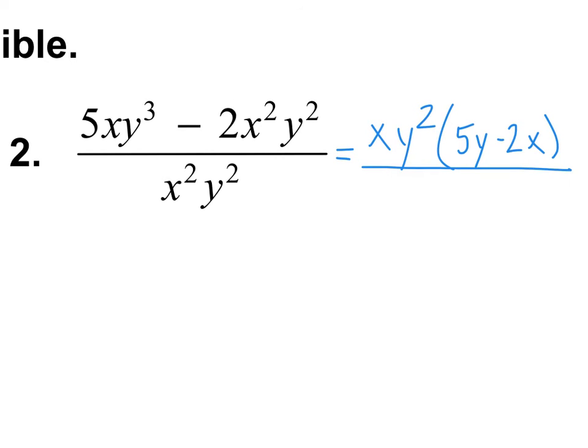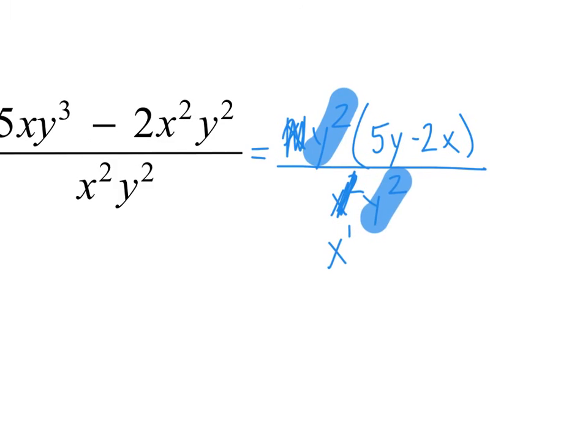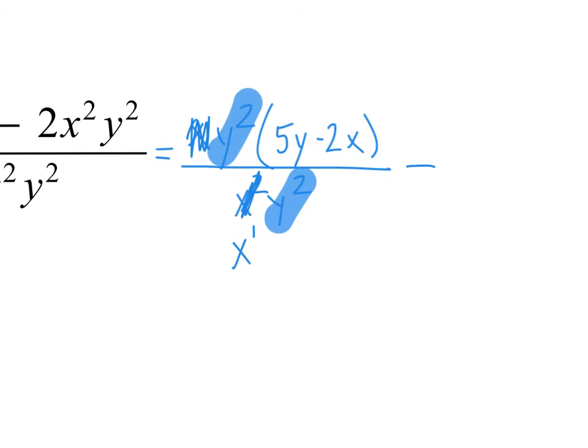That's just taking out a GCF. And then I have the x squared and the y squared on the bottom, and I can go about canceling common factors like the y squared. Now, one of my x's on the top will cancel with one of my x's on the bottom, so it's just x to the first. So what this simplifies to on top is the 5y minus 2x over x.